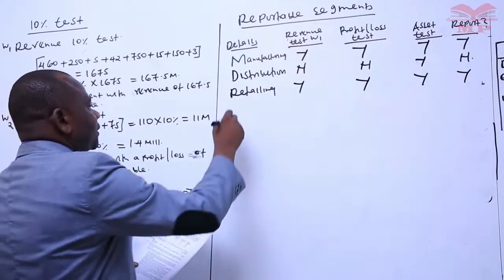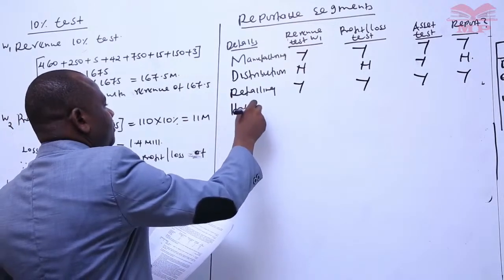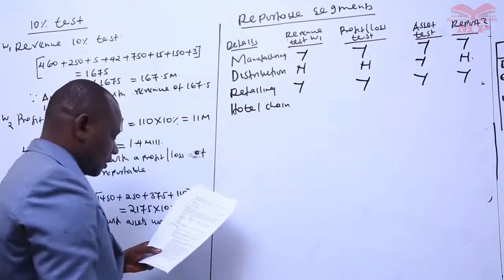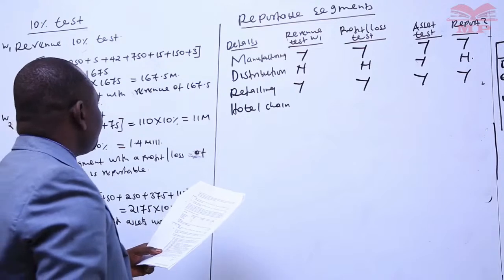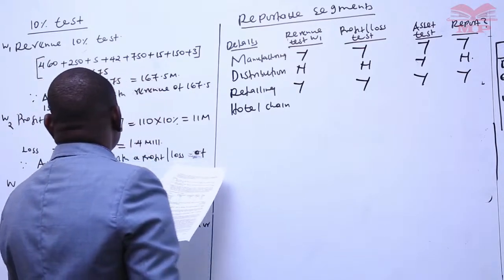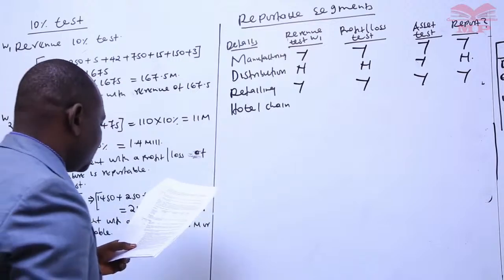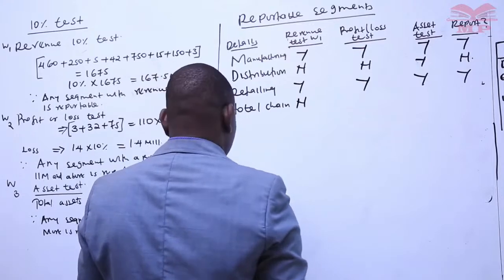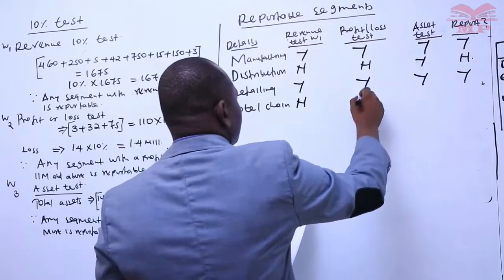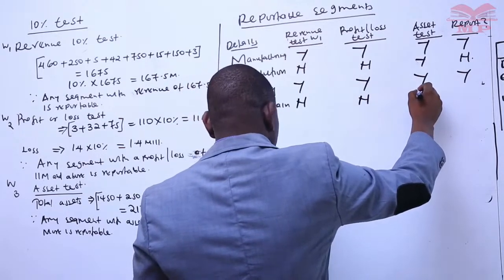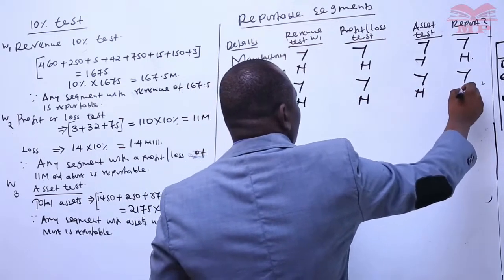The last one is hotel chain. 150. Is it passing the test? No. Profit test? No. Asset test? No. No.